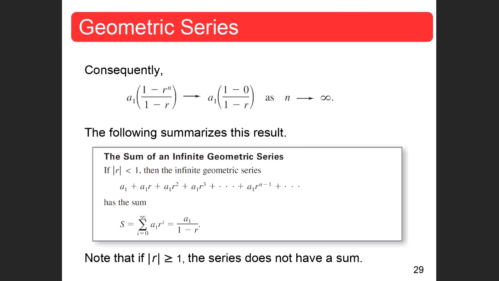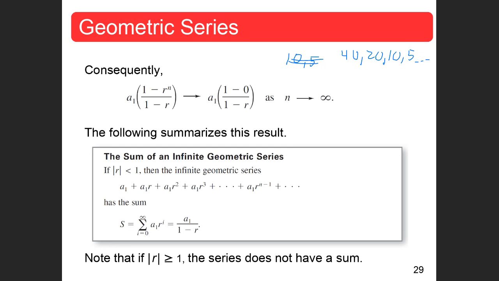Let's say I gave you 40, 20, 10, 5, and we're just going to add a zillion of these numbers together. Some people would think in their minds that the answer would be infinity, but it's not, because we keep getting smaller and smaller and smaller.